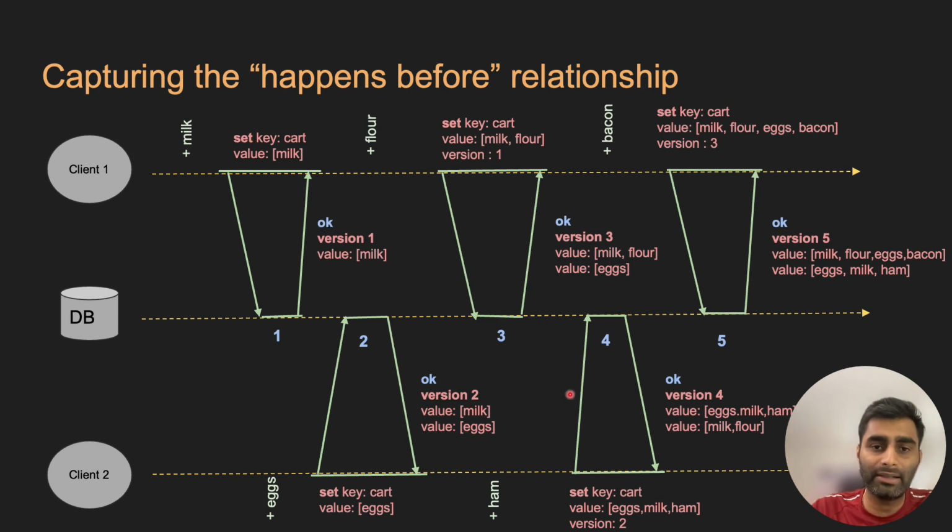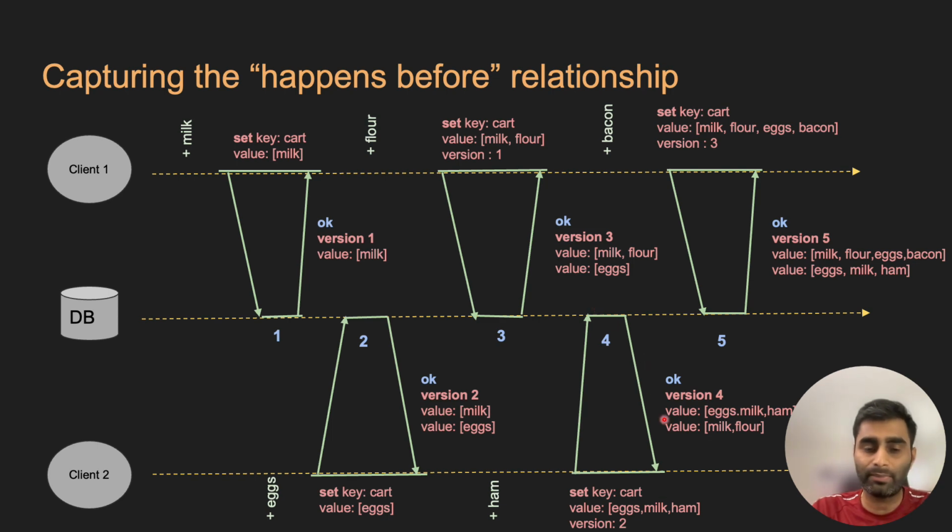Meanwhile, client 2 wants to add ham to the cart. It's unaware that client 1 has already added flour. Client 2 received the two values, milk and eggs, from the server in the last response. So the client will now merge those two values, and it will add a new item, ham, to form a new value. It will send this value to the server along with the previous version number that it has, which is 2.